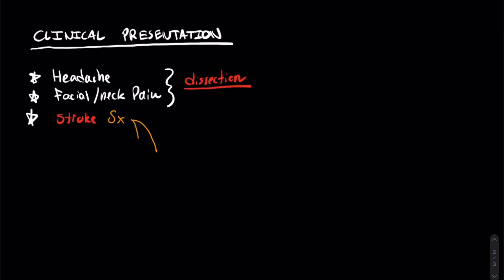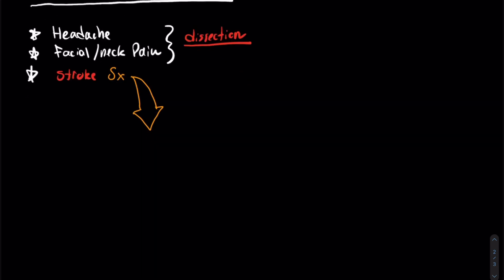And so just a quick reminder on stroke symptoms, because these are very important to know. I'm sure you've heard of this before. It's the FAST acronym. Now let's have a look at what those letters mean. F is for facial drooping.